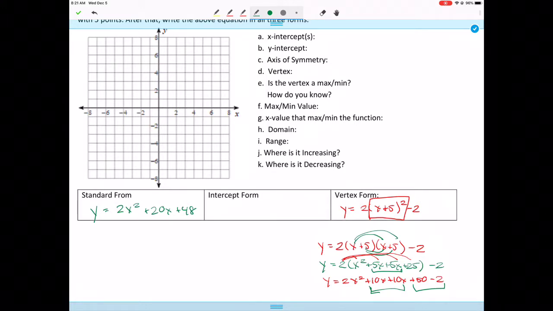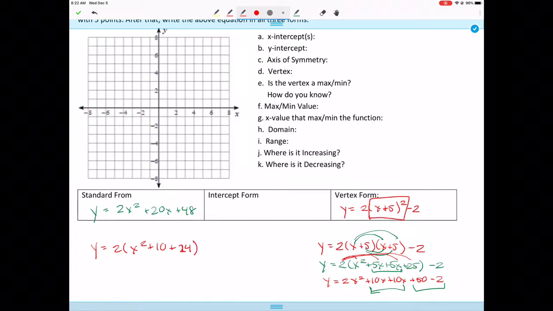So, intercept form, all we need to do is factor. So we could do glasses. You could take out the greatest common factor first, if you wanted to. Or you can not take it out and do it the long way. That's a 24.